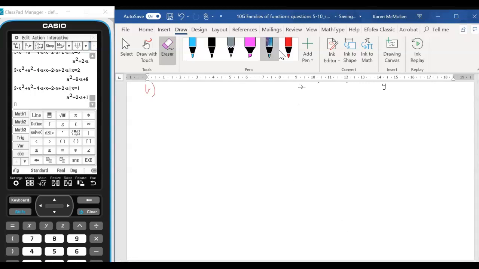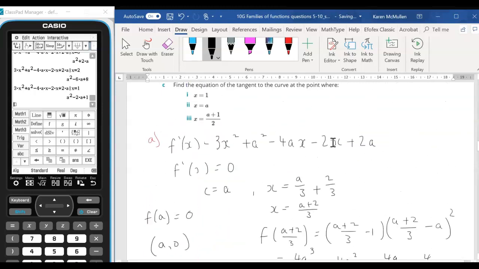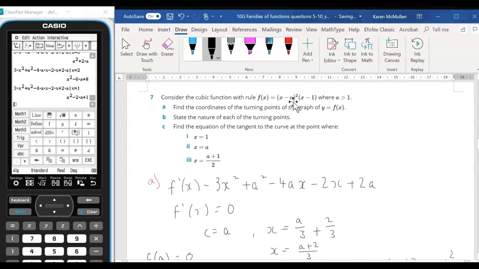All right, so if we think about what the graph looks like, I'm just going to sketch it here. Because we've got x minus a squared, that means your graph is going to have a turning point at a, 0. x minus 1 is also a factor, so if I go back up to the equation, x minus a and x minus 1 are our factors, so your x-intercepts are at a and 1.